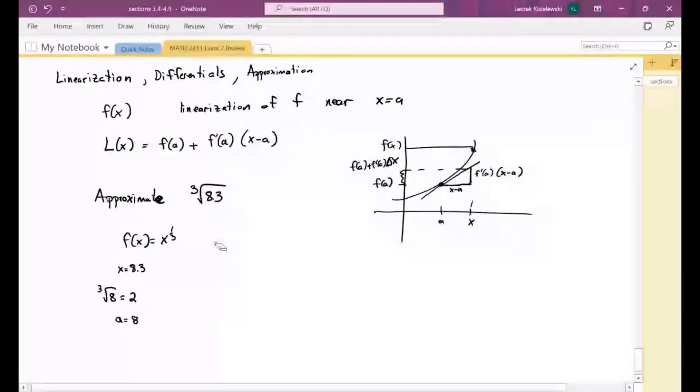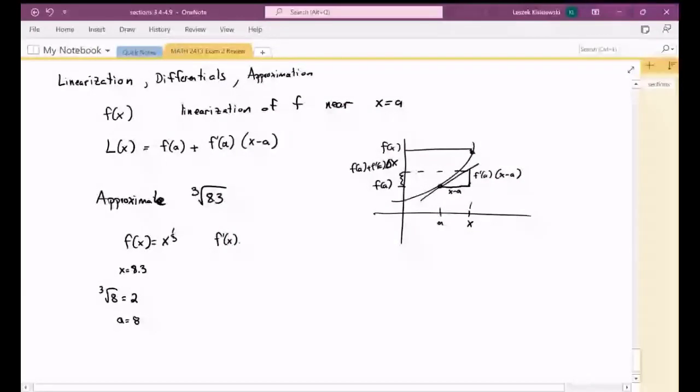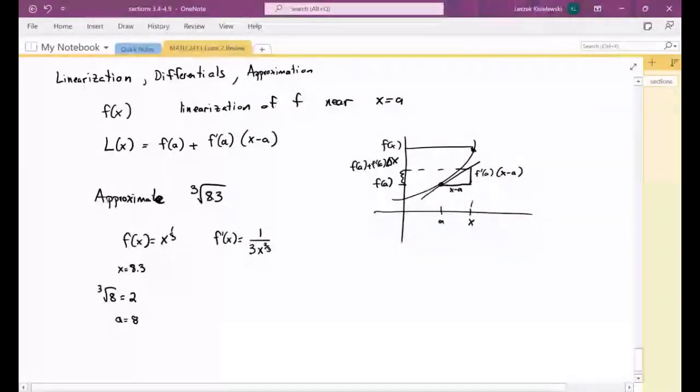The function is cube root, then f prime. Should I slow that one down? Or are you all okay with that derivative? Right, so f at 8 we know is 2. What's f prime at 8?